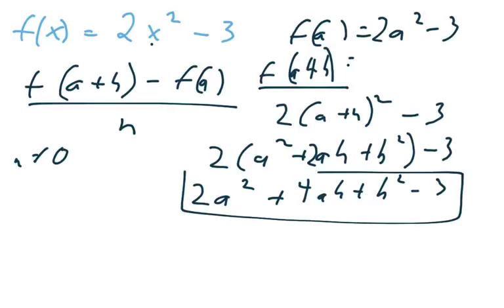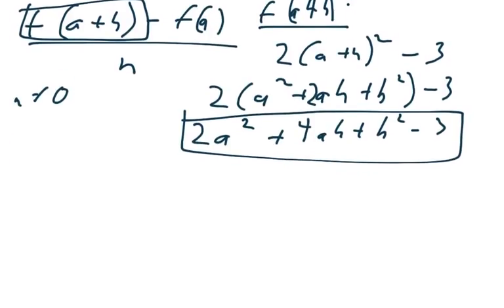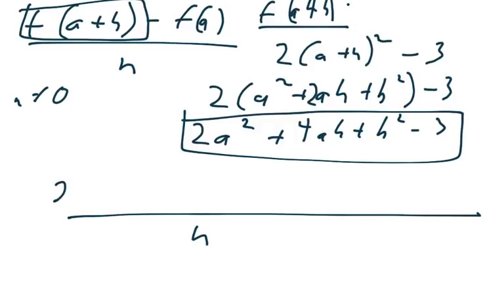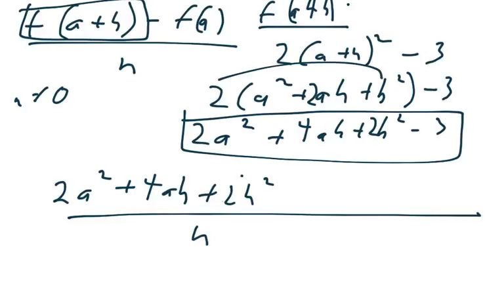And this box goes right in here. So h is on the bottom. 2a squared plus 4ah plus 2h squared minus 3.